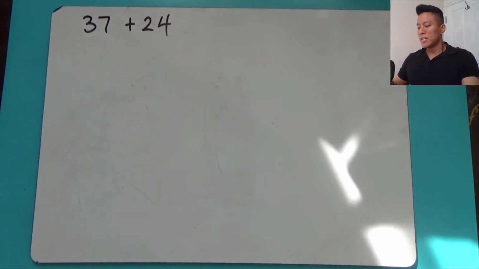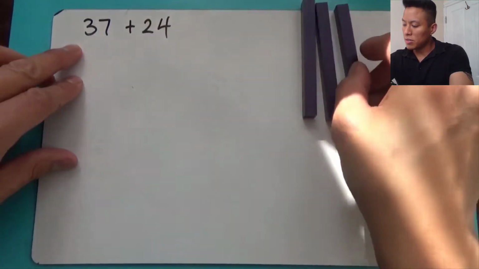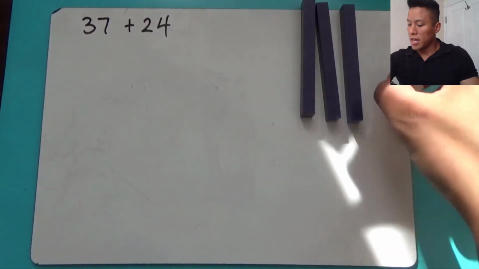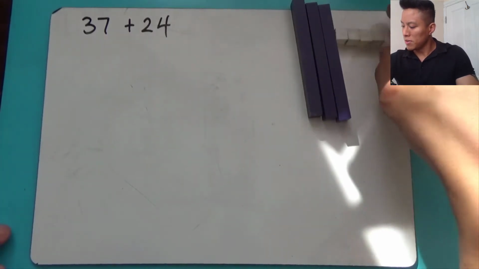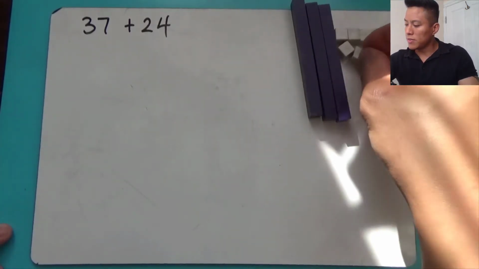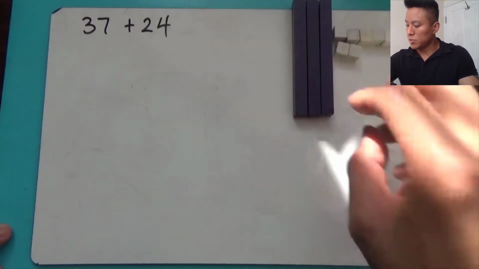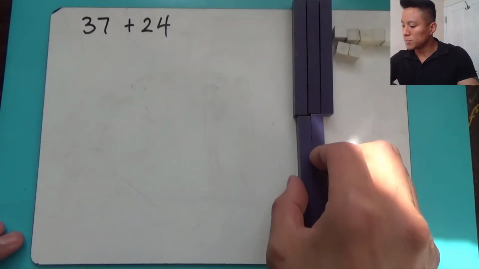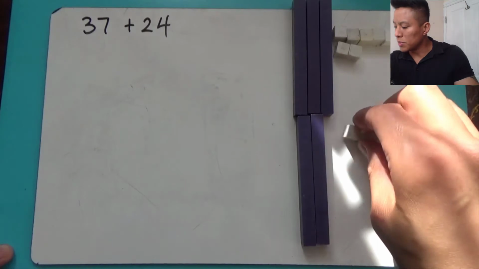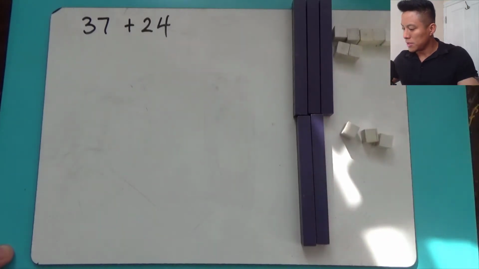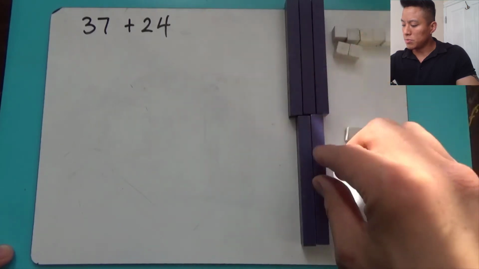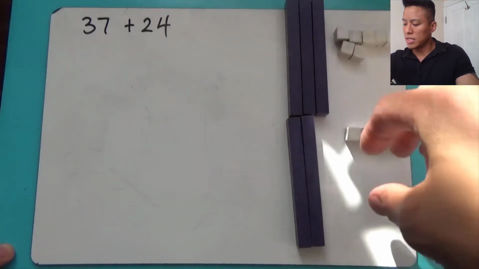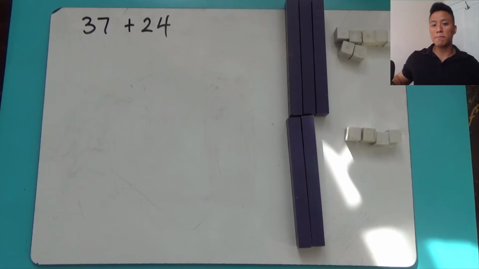Let me get it out again. 37 is 3 tens and 1, 2, 3, 4, 5, 6, 7 ones, and 24 is 2 tens and 1, 2, 3, 4 ones. I keep all my tens in one place and all my ones in the ones place as well.